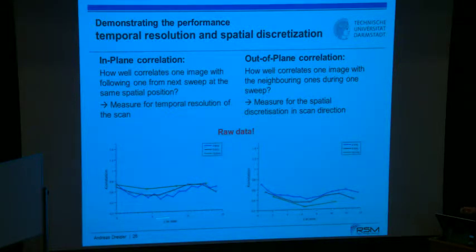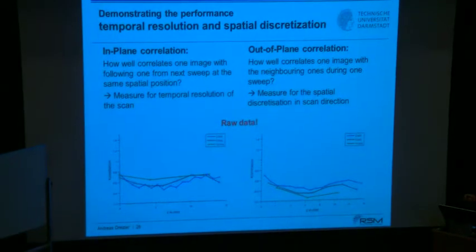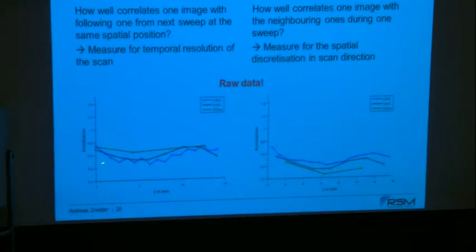And the correlation is here shown for certain positions. And you see, this is out of plane, you see that the correlation is in the order of, let's say, 0.7. And for 2 kilohertz, you see it is reduced to something like 0.5.